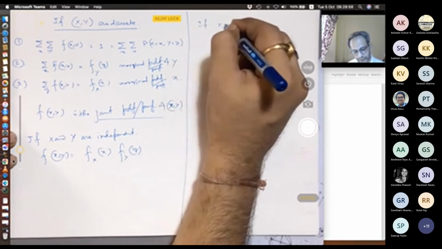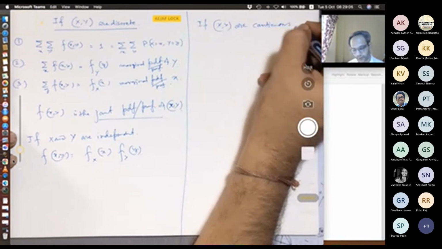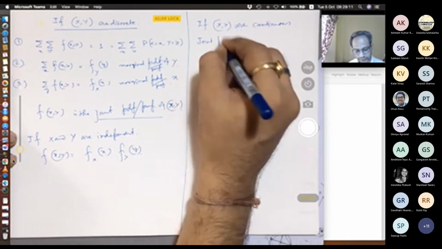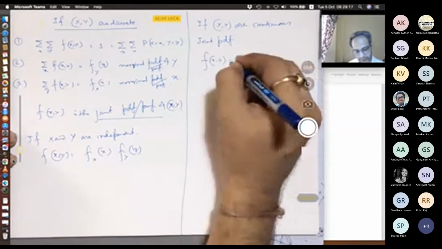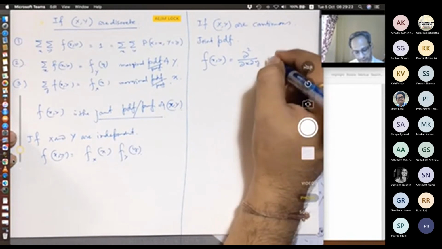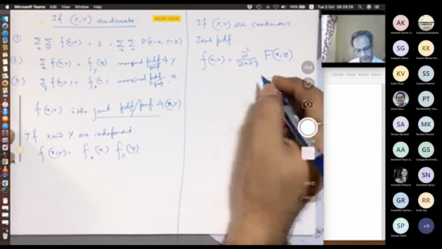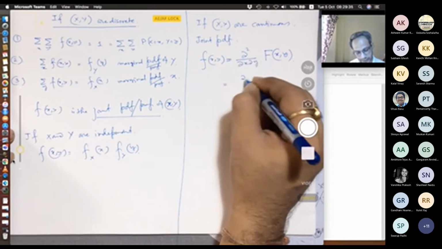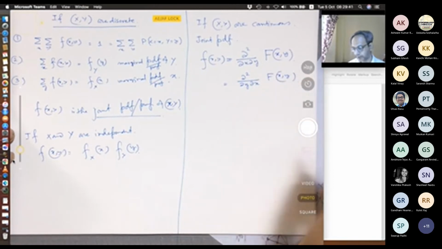If x and y are continuous, then the joint PDF you can obtain in this way: f_xy equals the double partial derivative of F_xy, and it is preferably assumed, need not hold always, but in this case, del y del x of F_xy.